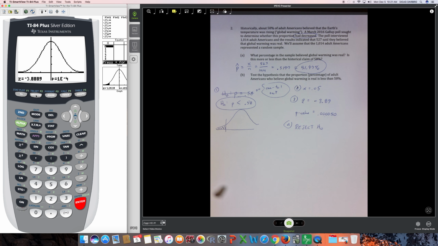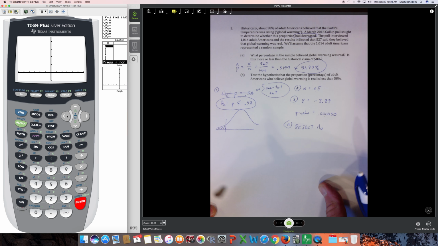So let me adjust the window to maybe -6 to +6 and graph it. I still don't think it's going to show up. All right, well anyway, you couldn't see the calculation because this shaded value was so far down to the left.